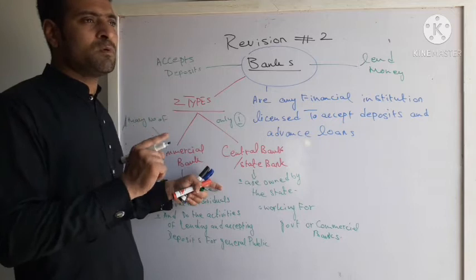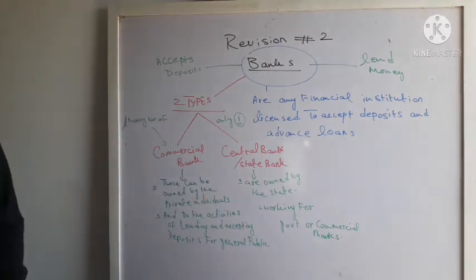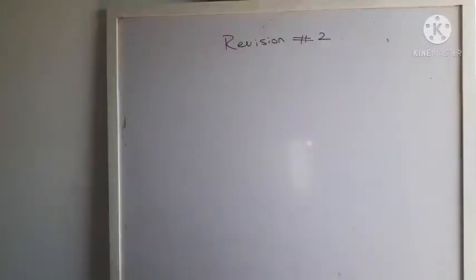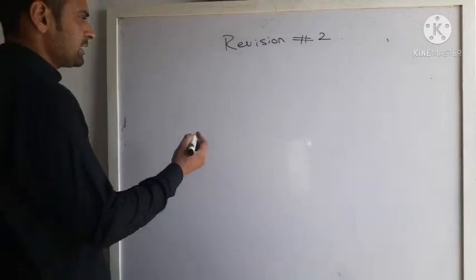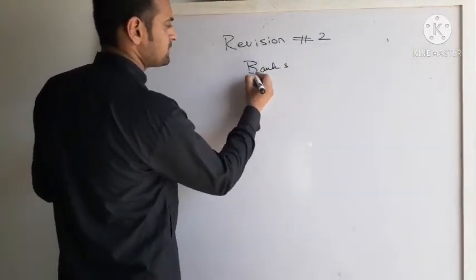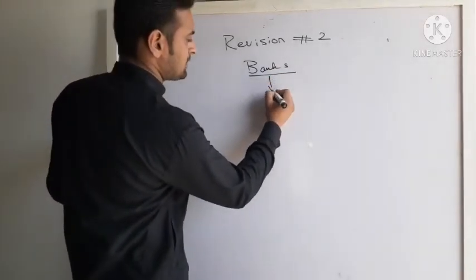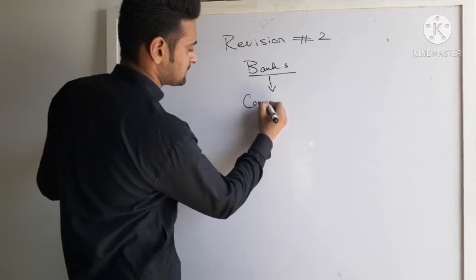There is no more than one state bank in an economy. Okay, I think you are very clear about this. So as we have discussed the two different types of banks, today we are going to start with the commercial banks.